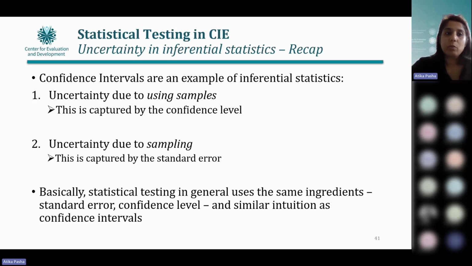And the second error that we are dealing with is simply because errors come from sampling. Because we're randomly picking a population that we're assuming is representative, but another random pick might lead to a different population mean. And this is a standard error that we also capture through inferential statistics.